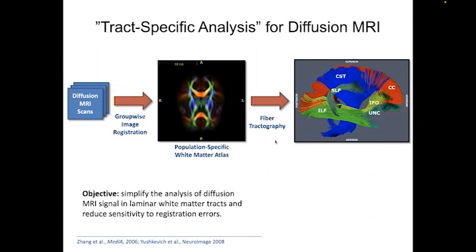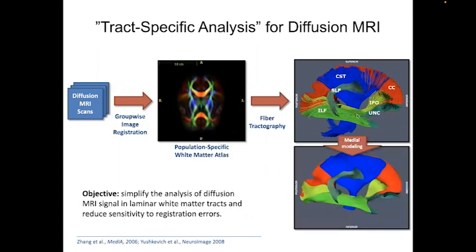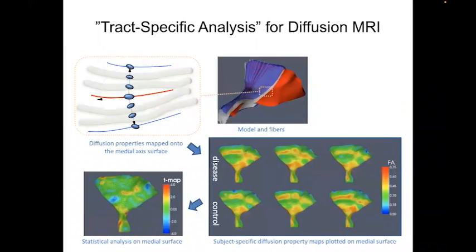So, for example, these tracts, you can see them going through here, but we can sample along the medial spokes and condense information, maybe take average fractional anisotropy or average mean diffusion along the spokes and summarize them onto the medial surface. So we can get maps like these for different individuals. And then we can do statistics on the surface.